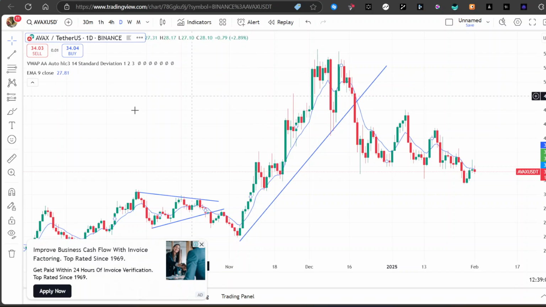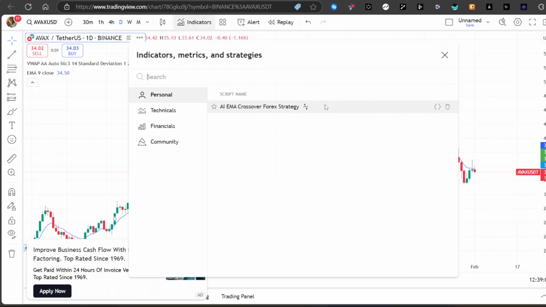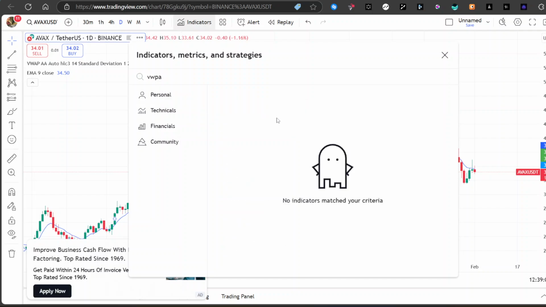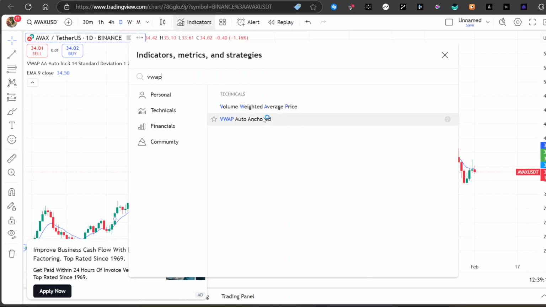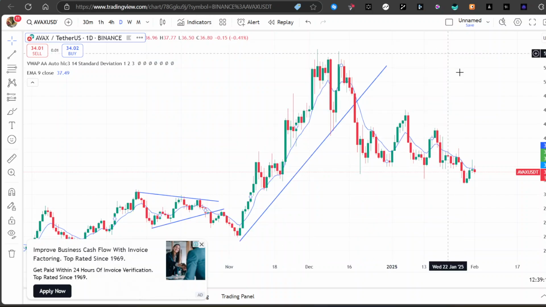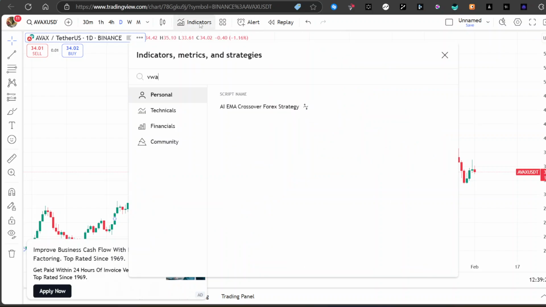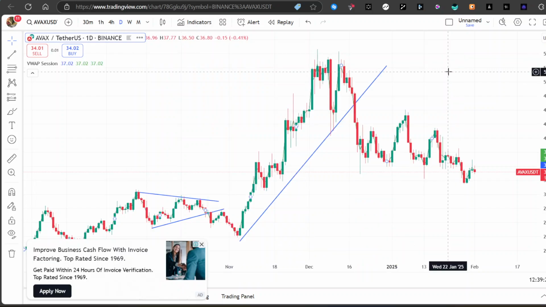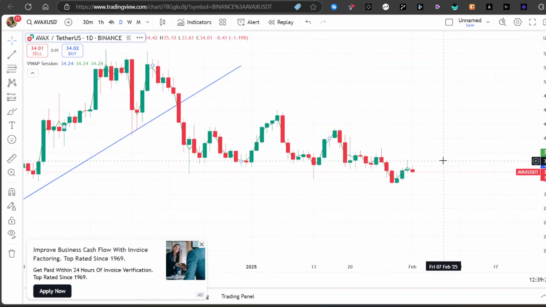So for example, if the price is trading above the anchored VWAP, okay, let me just add that VWAP to the chart again. So if the price is trading above the anchored VWAP, and a moving average confirms that upward move.